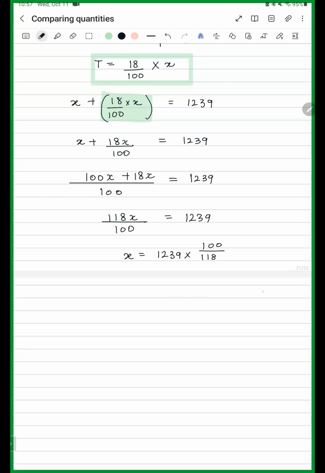So just 1239 we are going to divide by 118. 1239 divided by 118. Okay. So 118 into 1, this won't go. So we put a 0.